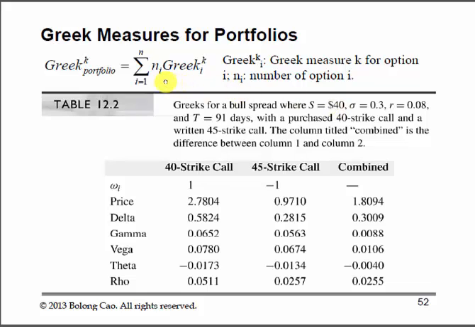Here we just need to use the number of options for a particular option position times the Greek on that option. The weight here is simply the number of options. So it's a fairly simple calculation. Okay, that's the end of lecture 12.